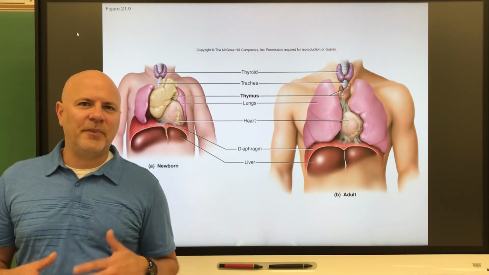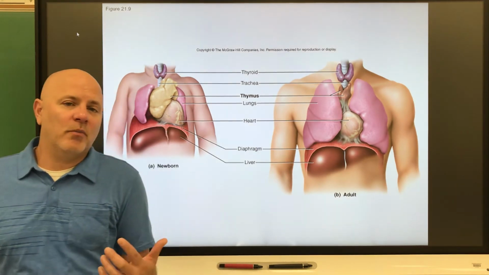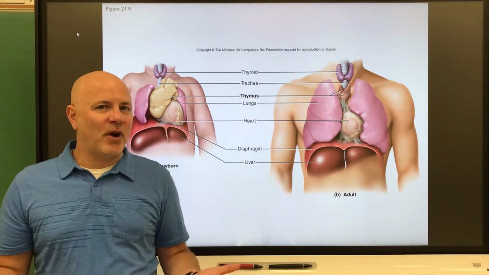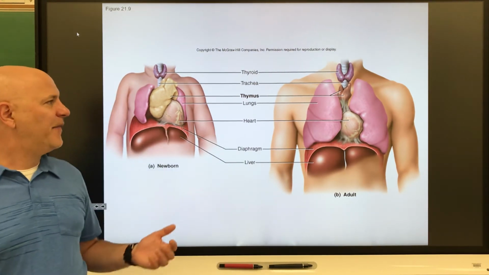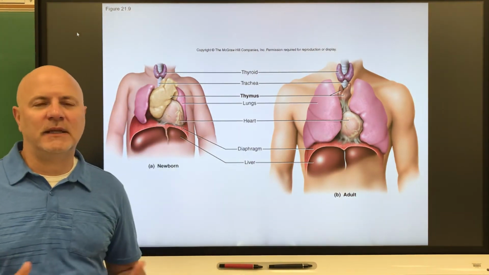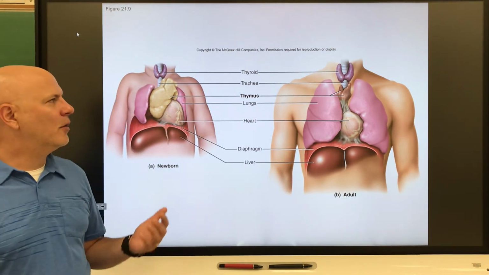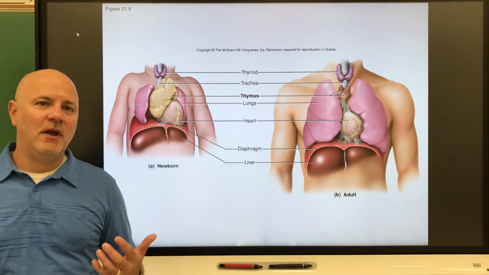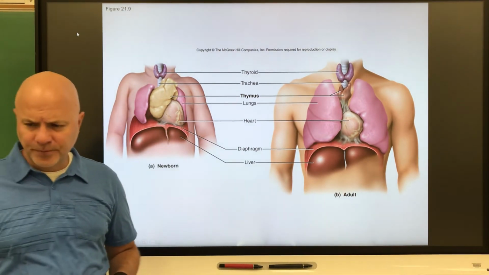So we have to develop an immune response to just about everything that we encounter. And when we're born, everything that we encounter is brand new. So we have to develop an immune response to literally everything out there. As we get older, we encounter less and less new microbes, and so constantly making brand new T lymphocytes to every specific pathogen that we encounter becomes less and less.